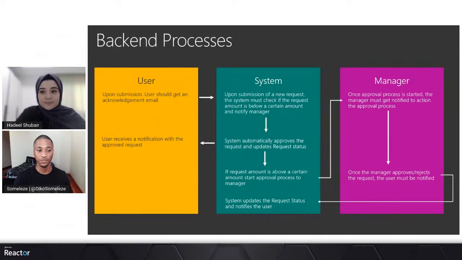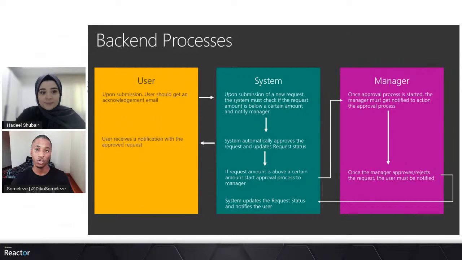Let's look at the user first. Upon submission, right, the user needs to get an acknowledgement in email saying, for example, that their request has been submitted, or their request either has been rejected or approved. And then the system needs to look at, once the new request is submitted, whether the request amount is below a certain amount and then notify the manager.